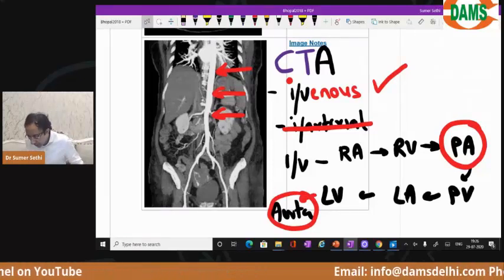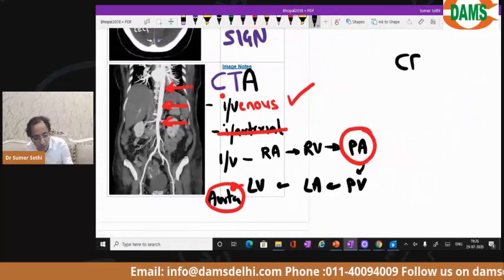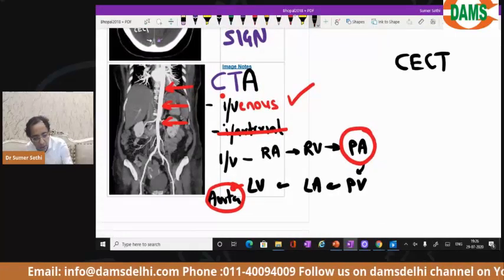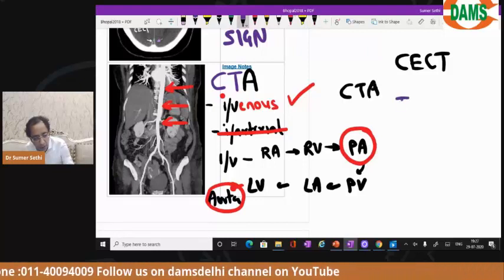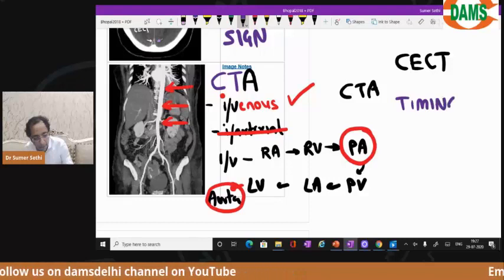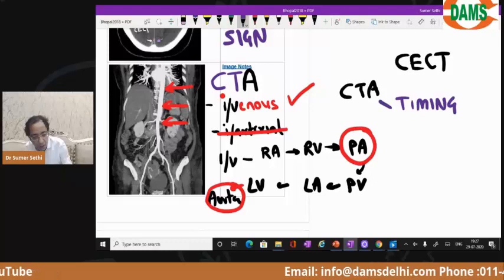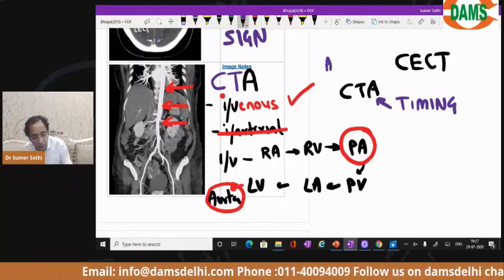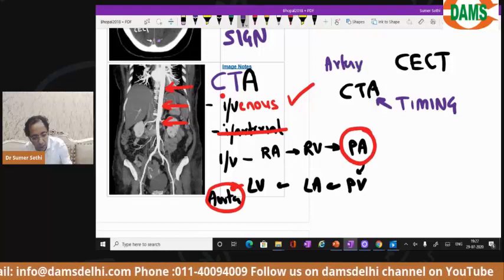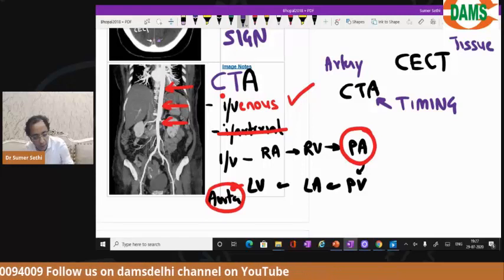Are you clear? Okay. Now, some of you are saying, then sir, what is the difference between CCT and CT angiogram? The difference is in timing. CT angiogram, we take the CT images very early after giving the dye to look at the blood vessels, to look at the arteries, while in CCT, we want to look at the tissue taking up the dye.